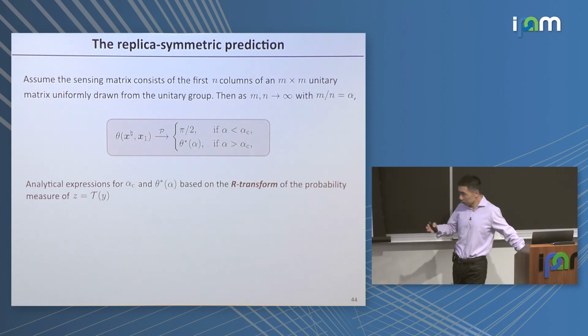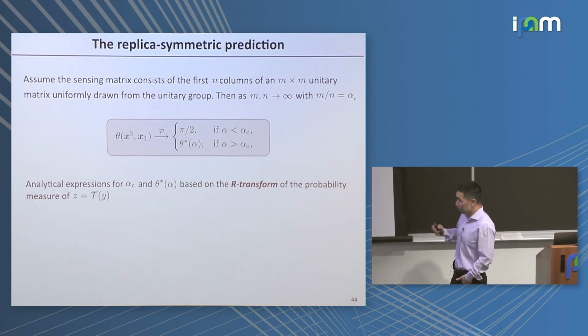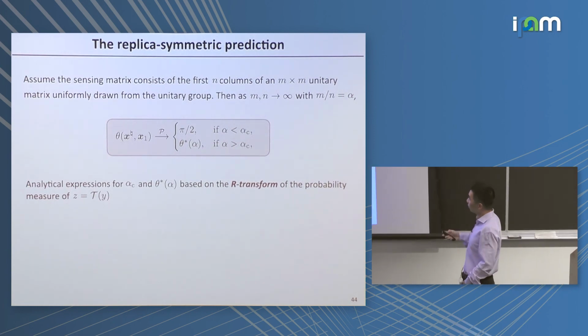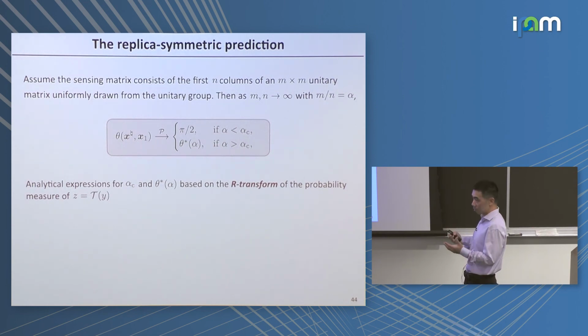And initially, last year, what we did was to analyze this problem based on the subsampled Haar matrix, because that's the ensemble that is still very close to the Gaussian ensemble because of rotational symmetry, and because of the availability of tools.